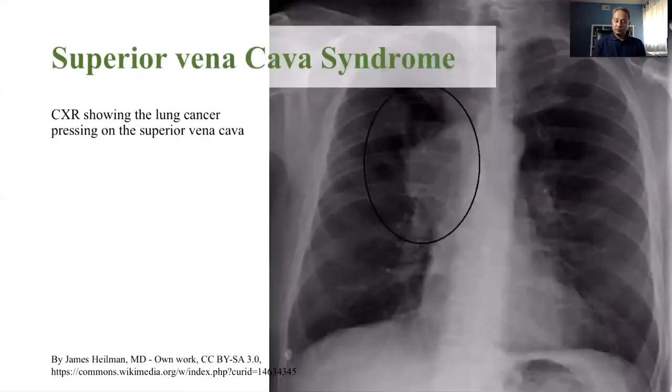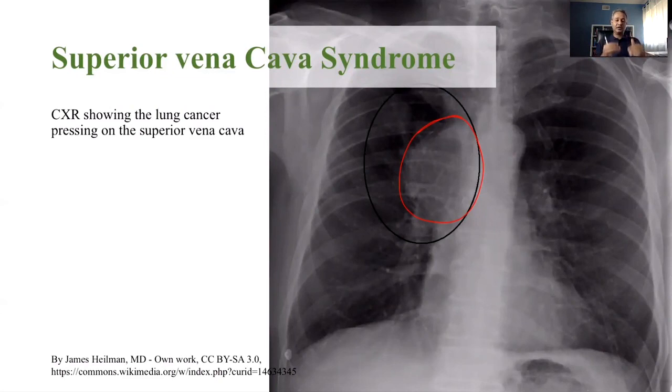Superior vena cava syndrome. If central squamous or small cell carcinomas are centrally located, they can impinge upon the superior vena cava. That would cause the blood returning to the heart to have difficulty, and that would then cause swelling of the areas which are being drained by the superior vena cava, plus superficial veins will become engorged, bigger, and visible on the skin. Why?